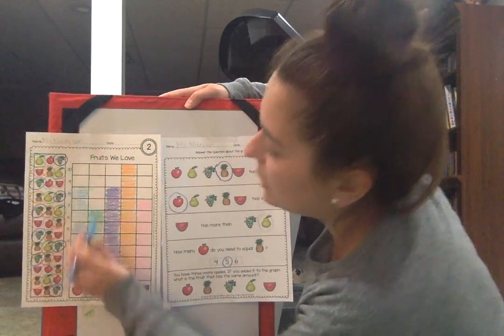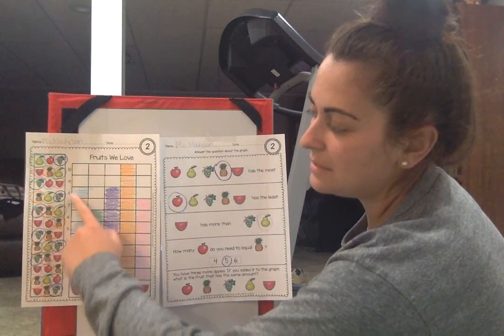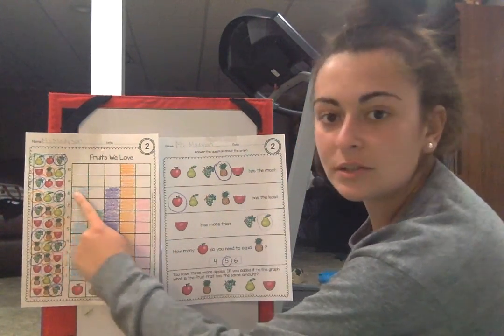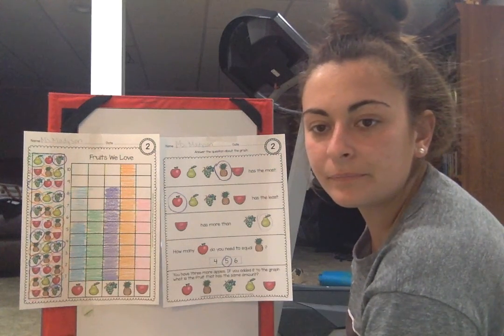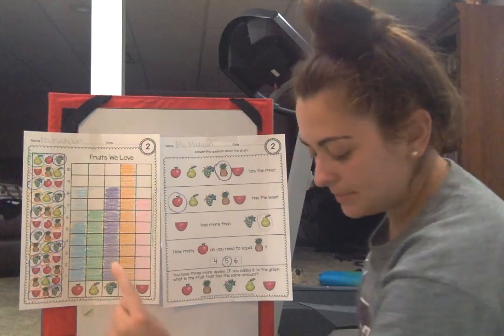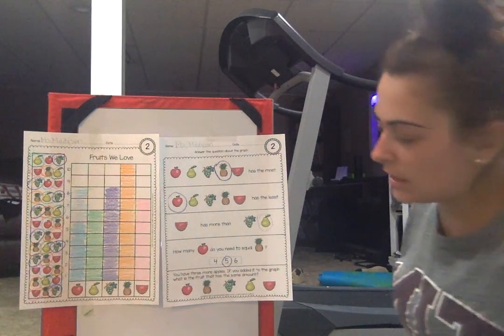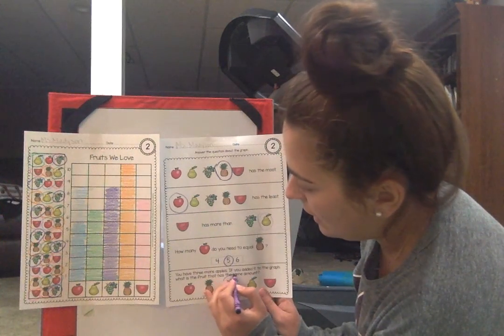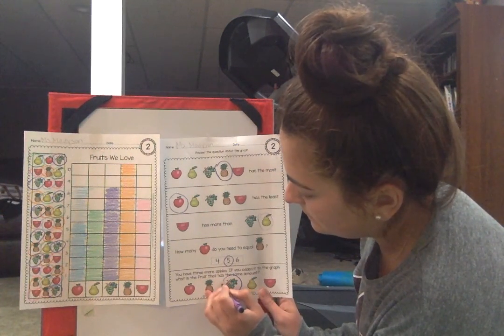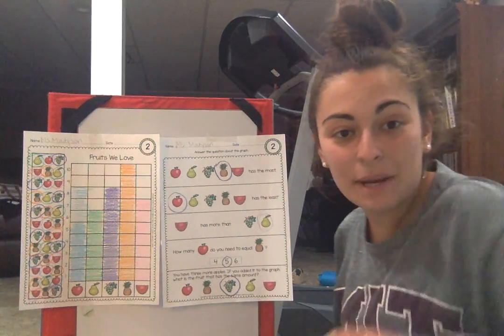So we need to go across and see, now that the apples have 8, which other fruit has 8. Do you see which other fruit has 8? Yeah, it's the purple fruit. We go down, the grapes. Both the grapes and the apples now have 8. And there we go. Awesome job graphing today.